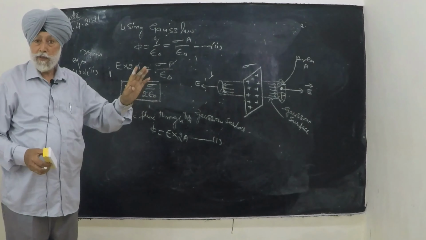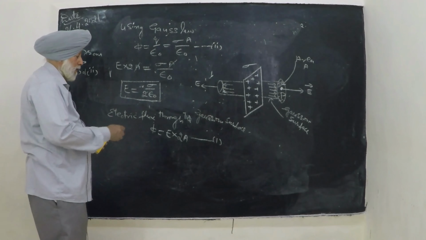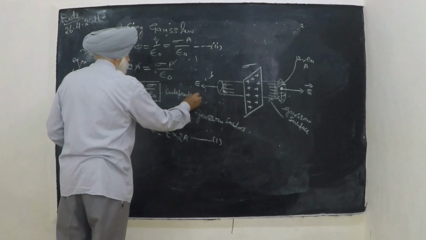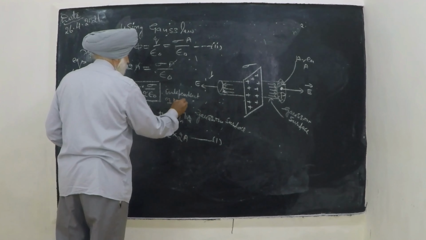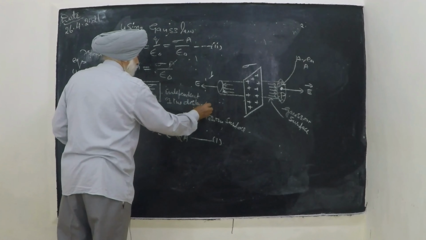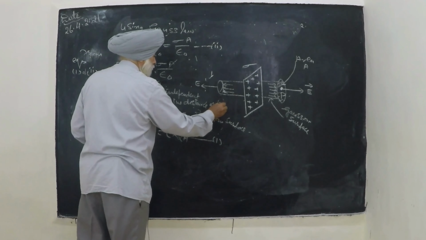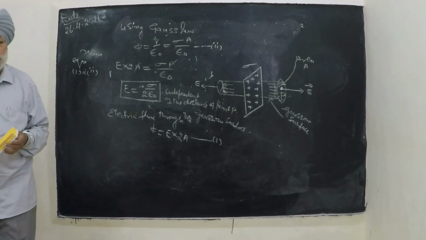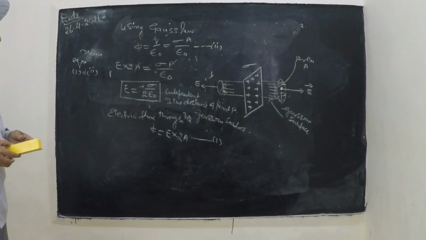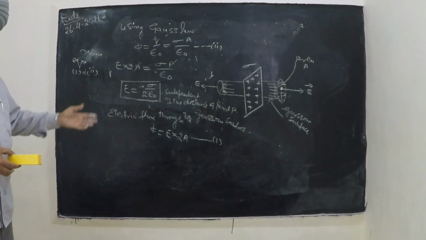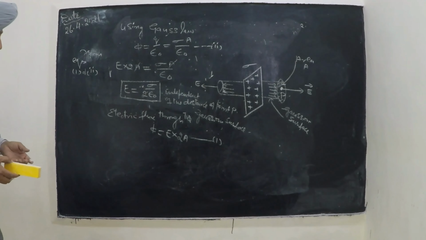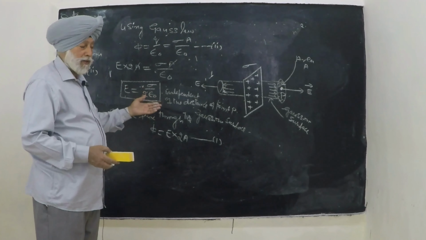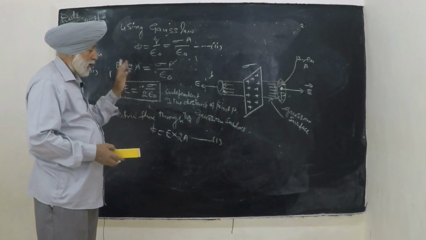It means this expression is independent of the distance of point P. So it does not depend upon the distance of the point from the sheet, it is same for all points, only depends upon the surface charge density. So it is due to thin sheet of charge. If the sheet is not thin, then the result will change. Here you will get a sigma over epsilon naught.